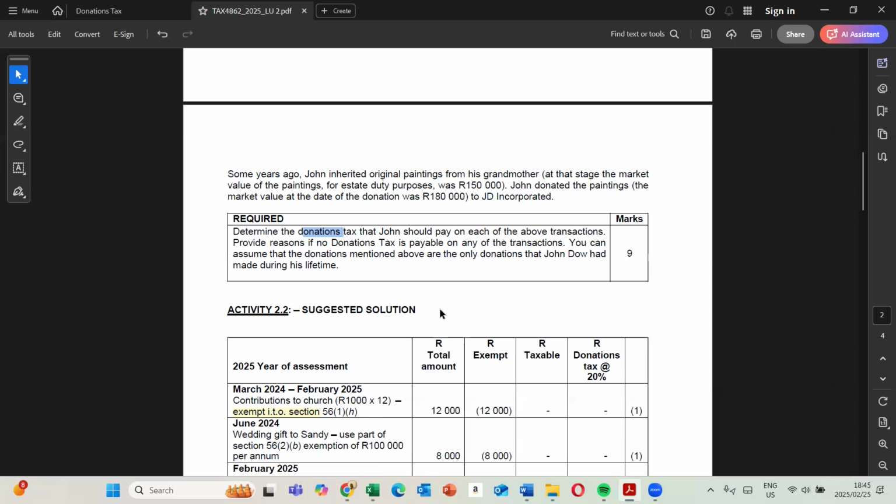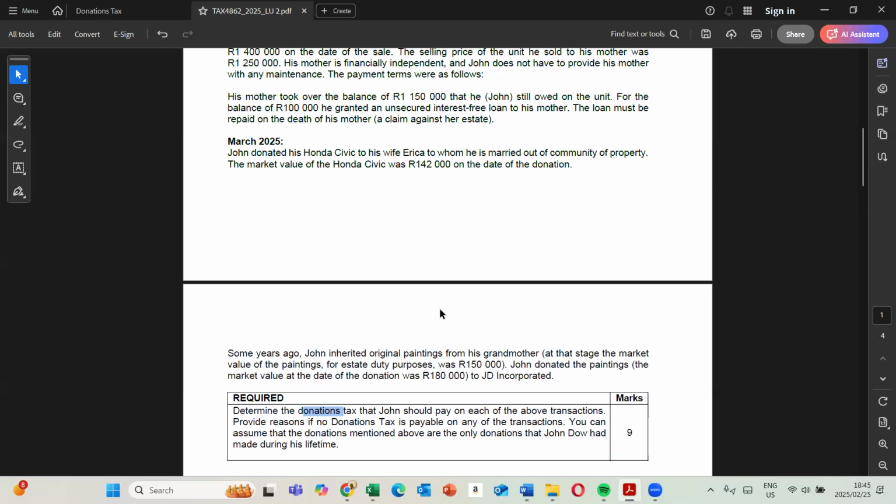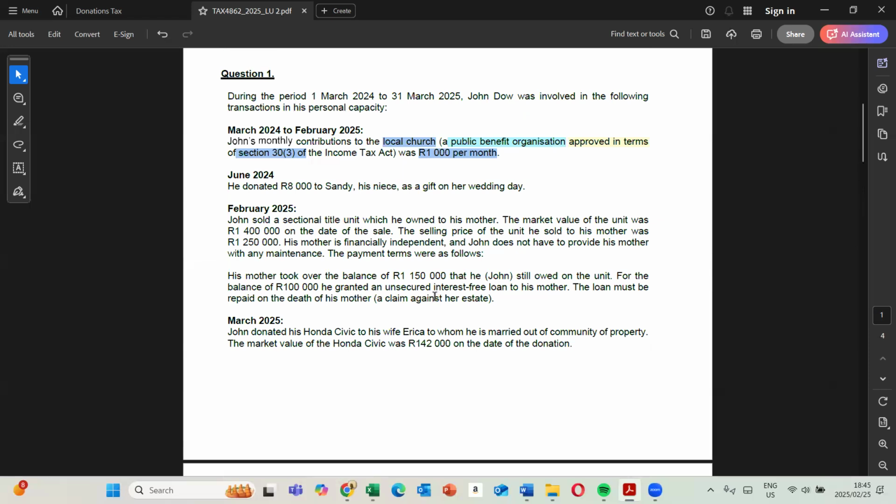So let's look at the next part. He donated 8,000 to Sandy, his niece, as a gift for her wedding.